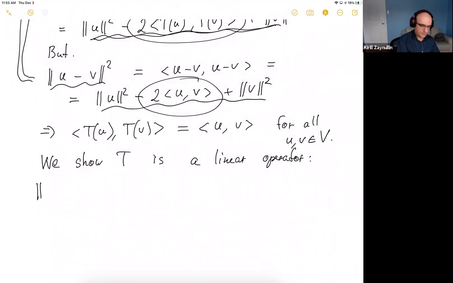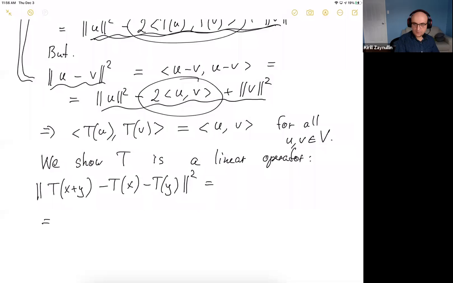Let's look at the following length: the square of the length of t of x plus y minus t of x minus t of y. We can put the brackets in a slightly different way, combining these two into one bracket.